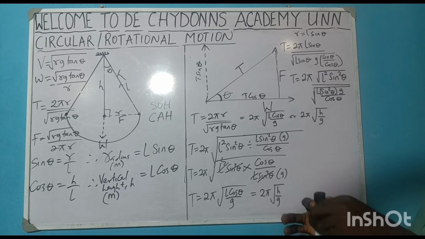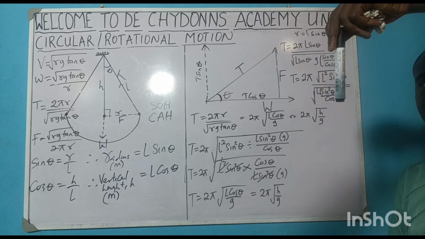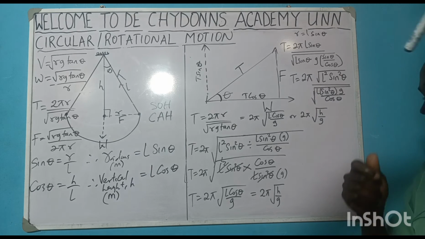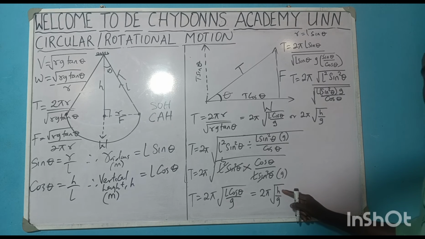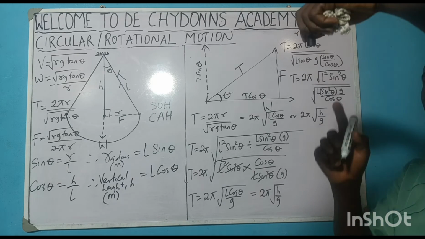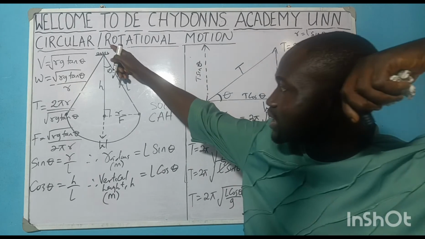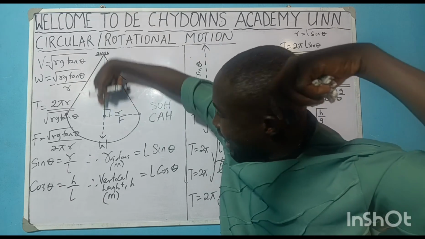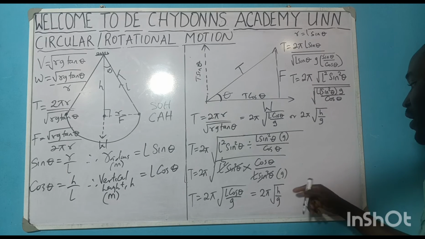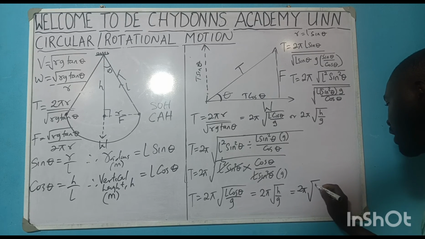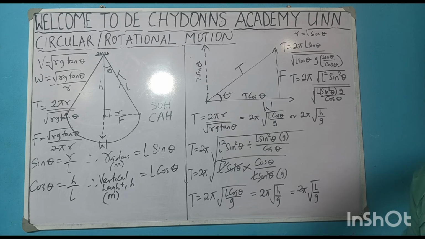Take for instance spring. Now spring, when you vibrate spring, it will be doing up down up down. In that case, the h you are seeing here can be called the length of the spring. The height of the spring here will now be equal to 2 pi root L over g, if you are talking about spring, for instance.